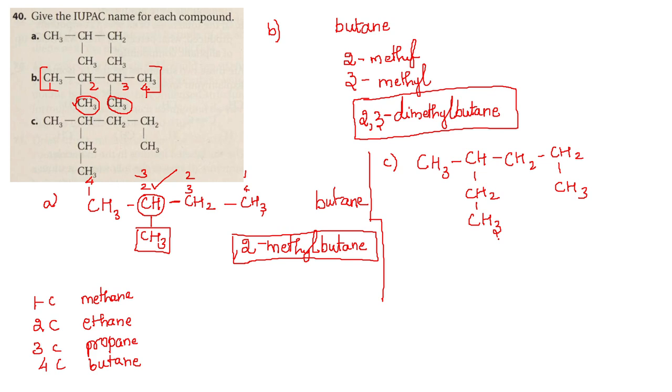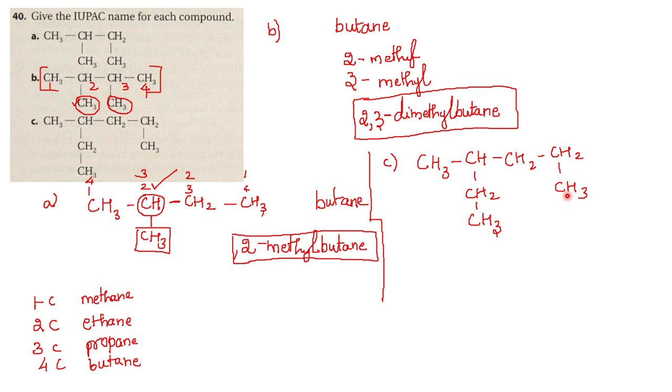Would it be 5? If you say 5, you are beginning from here: 1, 2, 3, 4, and 5. That's how you are numbering, right?